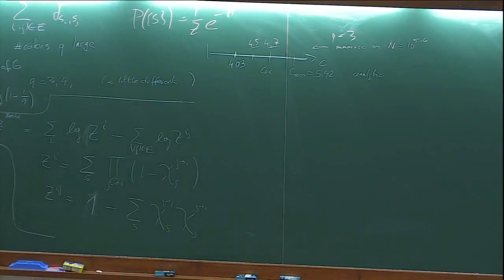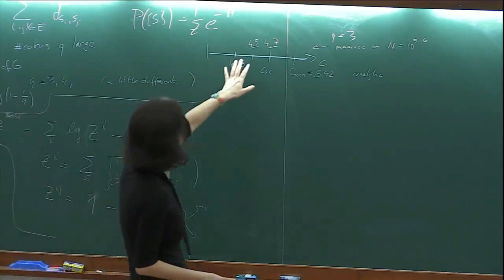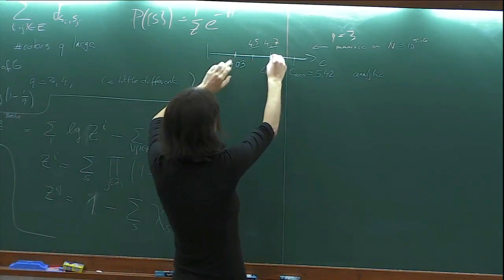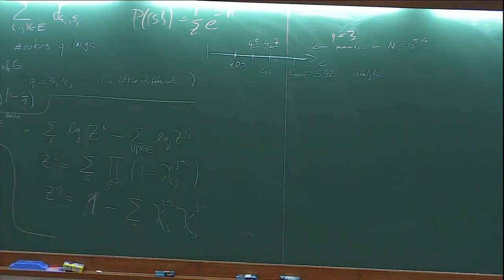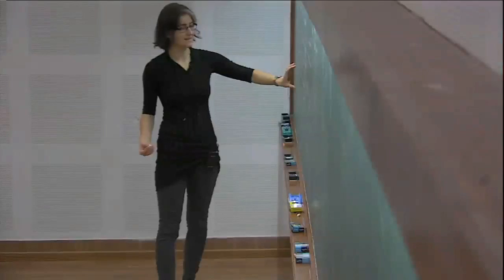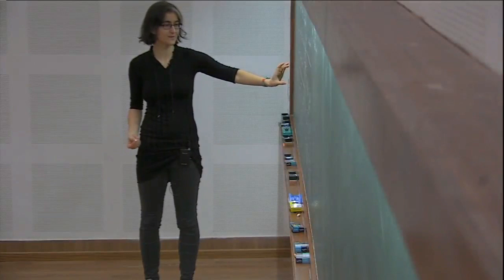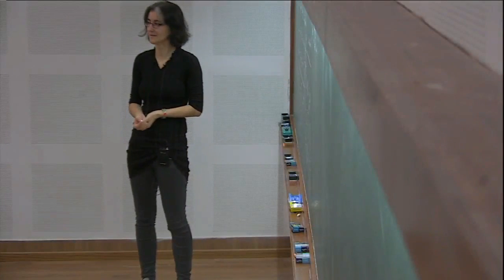So let's start refining that picture. What is really this number and what's going on here and here. So I was saying, you always look for fixed points of these equations. So can we guess at least one fixed point of this equation for the graph coloring?